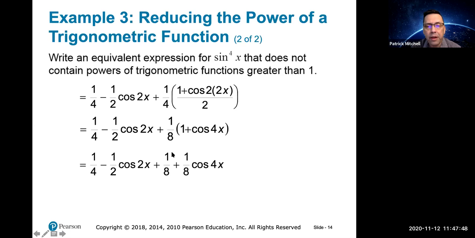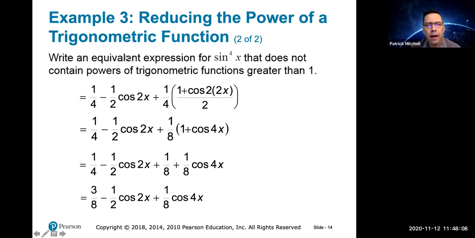And the only other thing I can do is combine the two like terms. We have a 1/4 and a 1/8. So I'll add those together, and I get 3/8 minus 1/2 cosine 2x plus 1/8 cosine 4x.